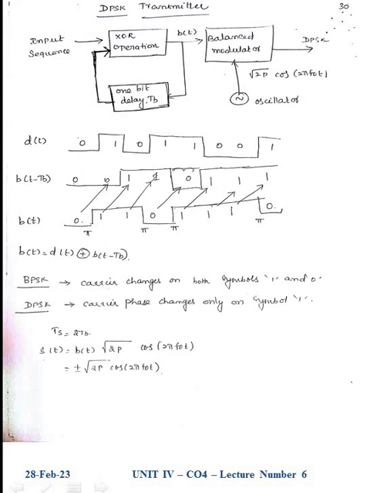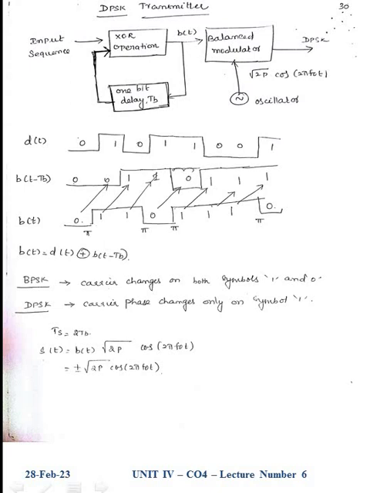The balanced modulator is used to modulate the bit stream from the DPSK transmitter along with the high frequency carrier signal. Here we are maintaining the frequency constant and the amplitude constant. The only thing is we are differentially phase shifting the carrier signal.